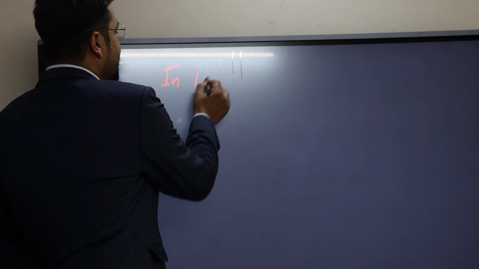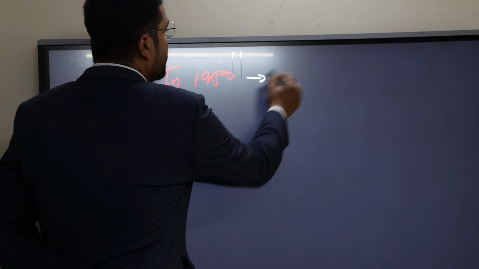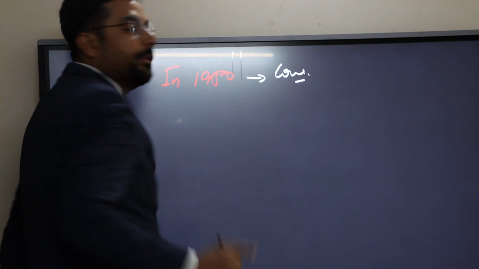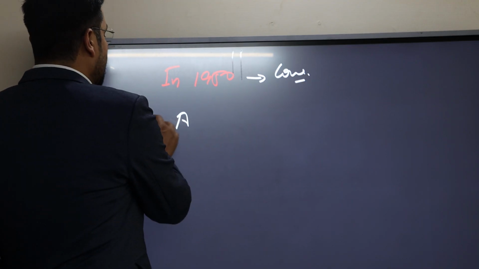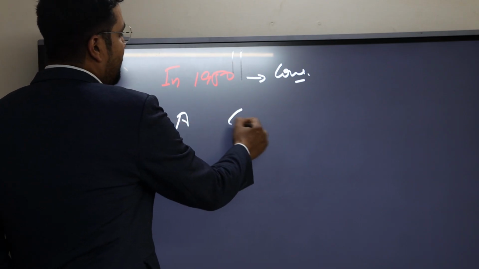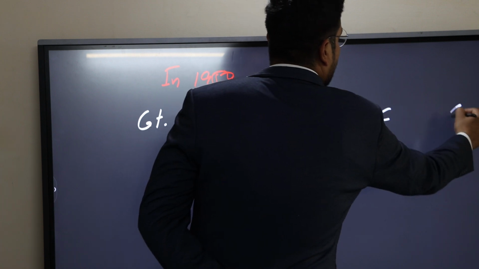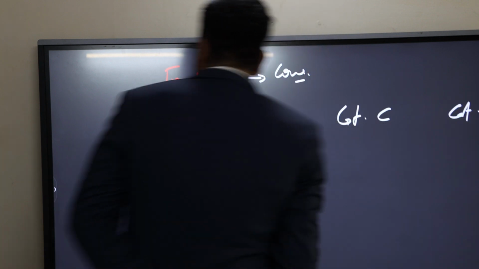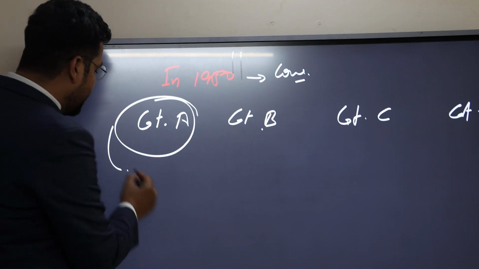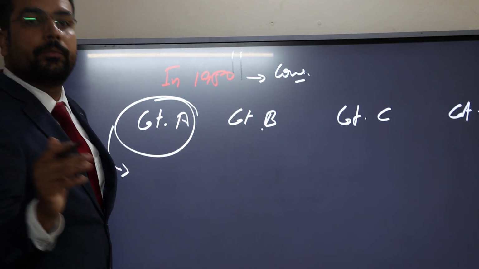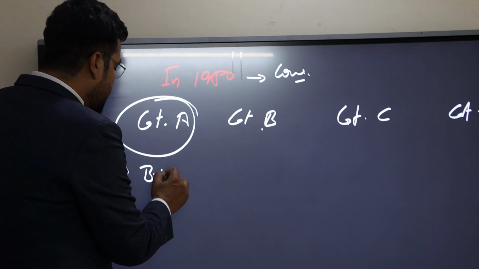In 1950, when the Constitution of India was implemented, the whole of India was divided into 4 categories, namely category A, category B, category C and category D. Category A dealt with those territories and states that were under the control of the British, so we can say category A dealt with British India.